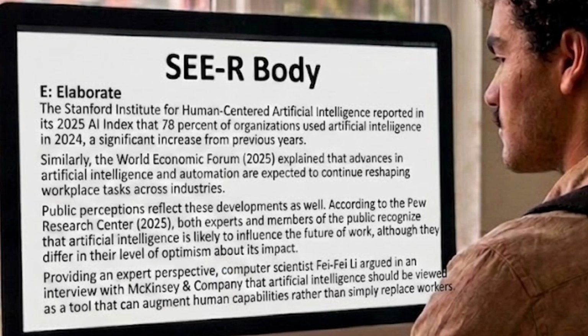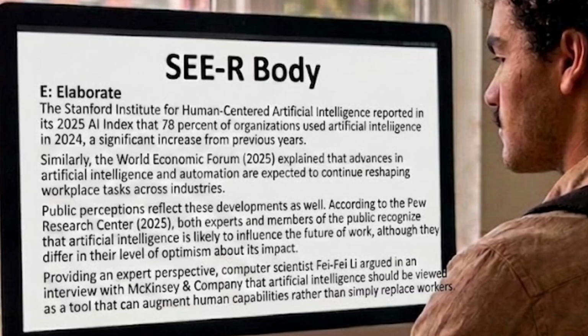Let's continue with the evidence. The Stanford Institute for Human-Centered Artificial Intelligence reported in its 2025 AI Index that 78% of organizations used artificial intelligence in 2024, a significant increase from previous years.